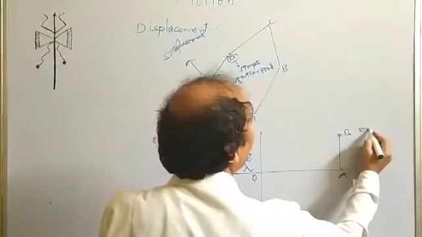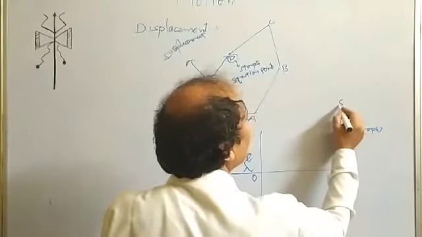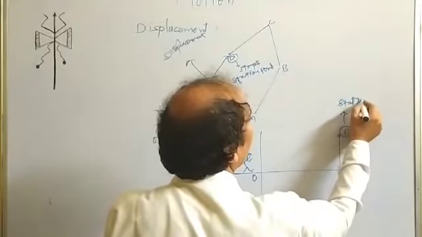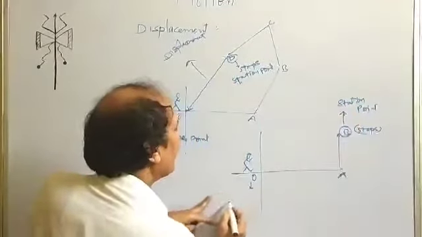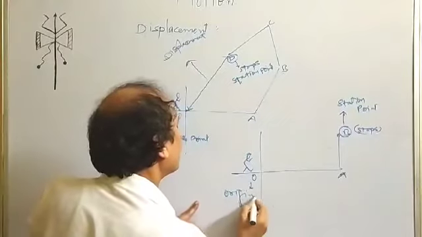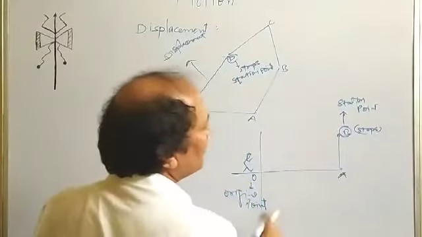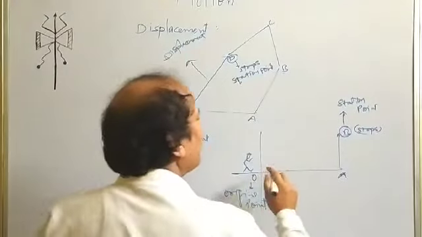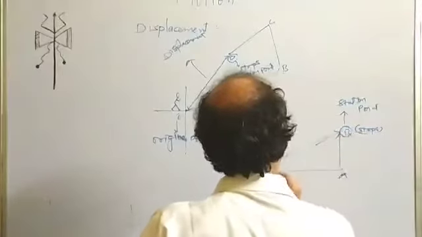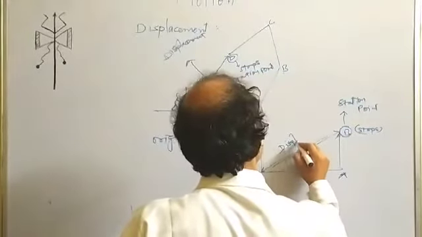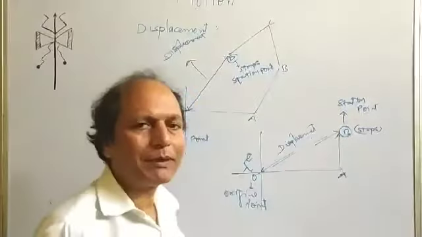If the person stops on B, then B will be the station point, and that is the origin point. So the minimum distance between origin point and station point is the displacement.